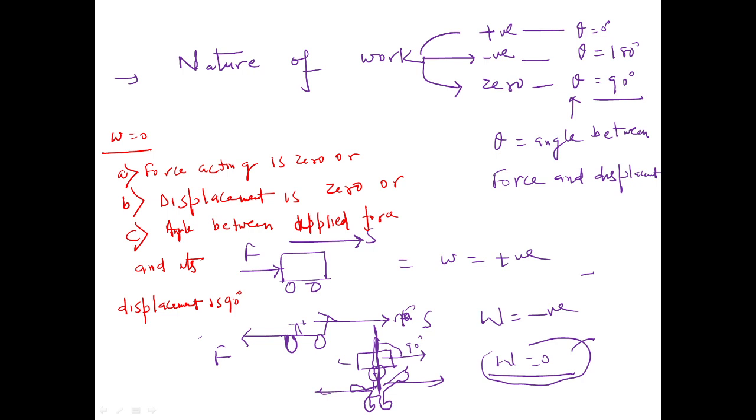I am giving you one interesting situation in which, suppose there is a string, and someone tied a stone at one end and it is whirling in a circle. So of course this is the string force, which is always acting towards the center.